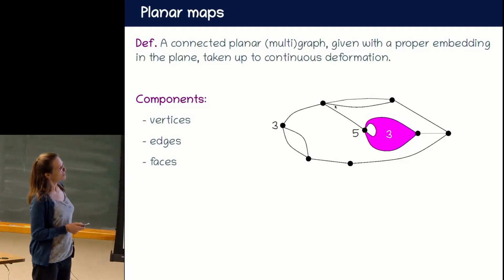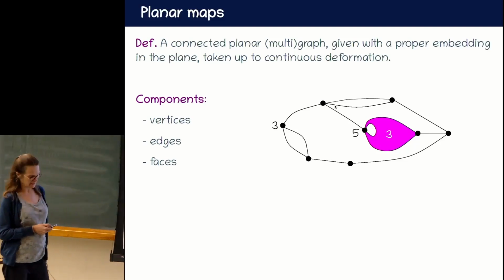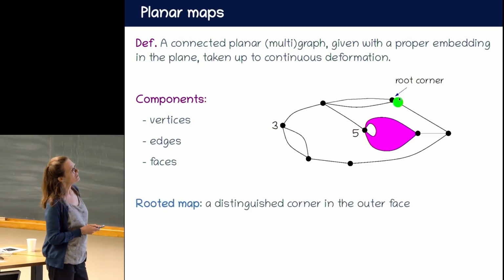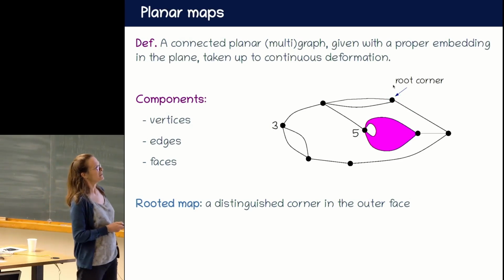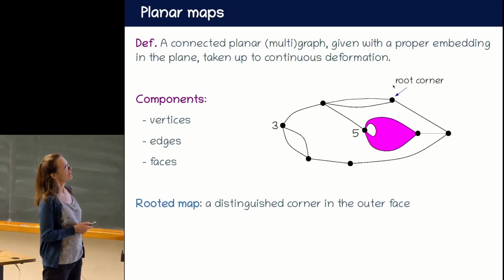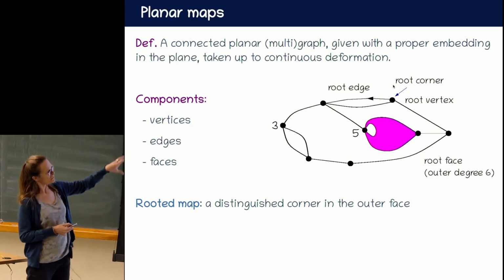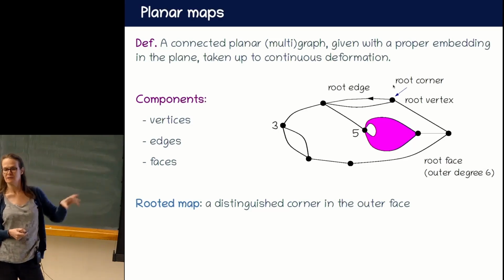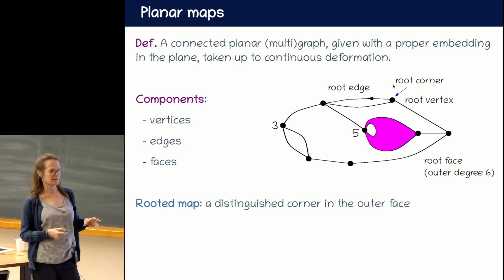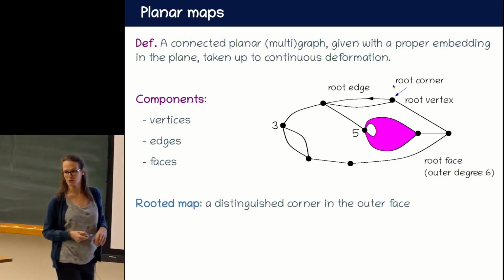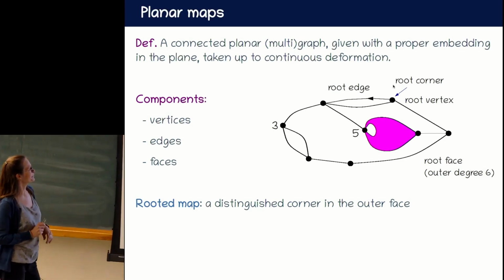And since I want to count maps, I will systematically root them by choosing a certain corner, so between two adjacent half edges. And this defines automatically a root edge, a root vertex, and the root face, which I will always take as the infinite face, the unbounded face. Its degree I will call the outer degree for obvious reasons.